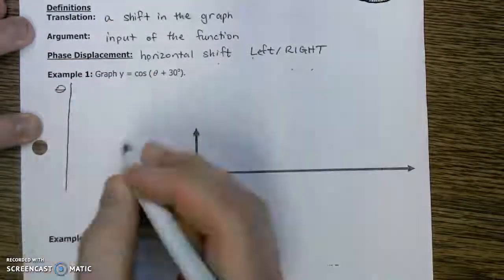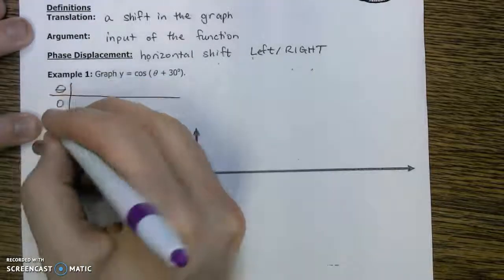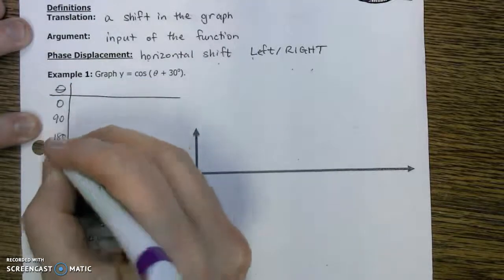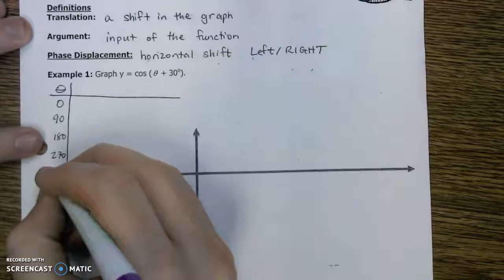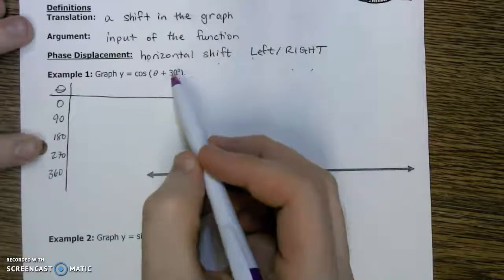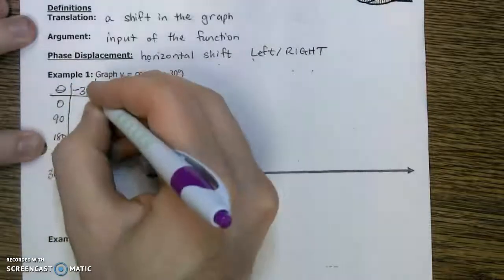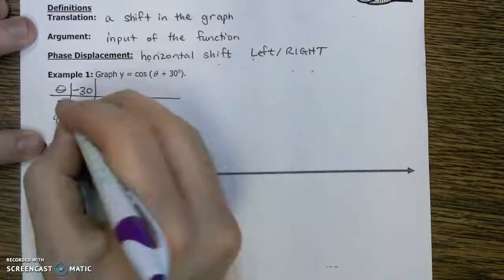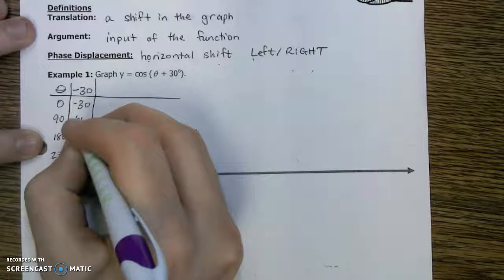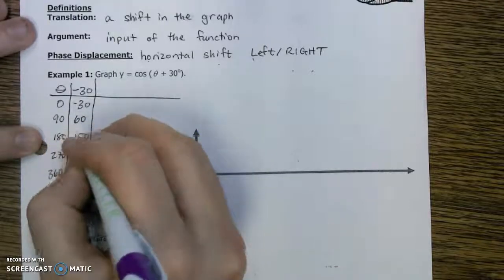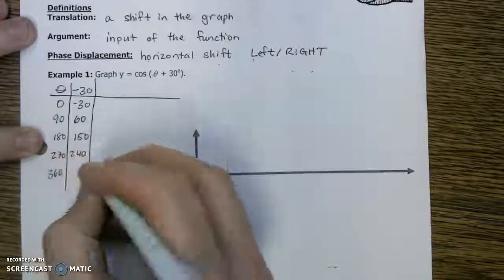If I make a table, let's start with our normal theta values, 0, 90, 180, 270, 360. This plus 30, we're going to do the opposite. So we're going to subtract 30 from all those theta values. So negative 30, 60, 150, 240, and 330.